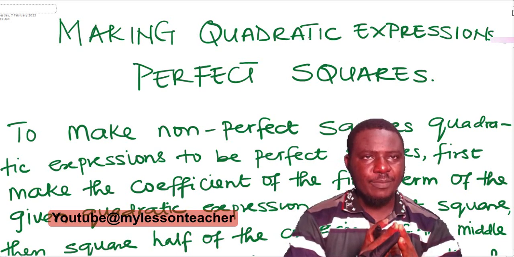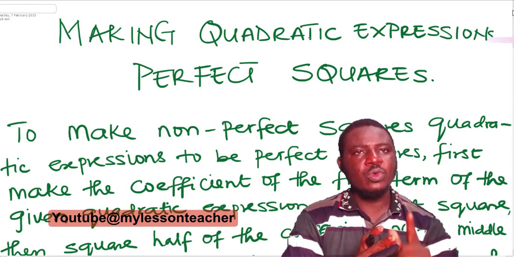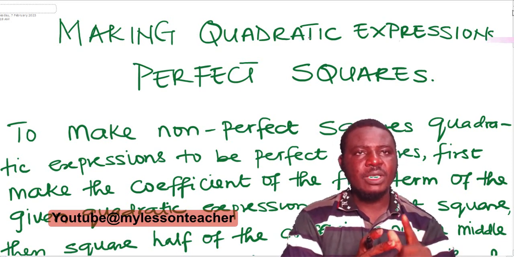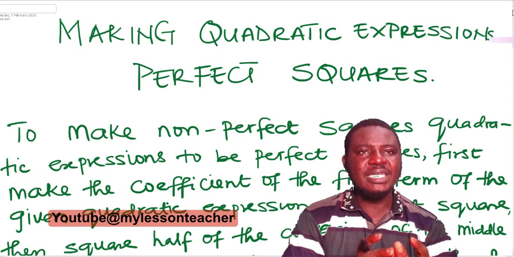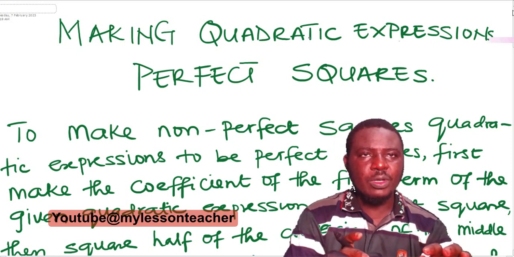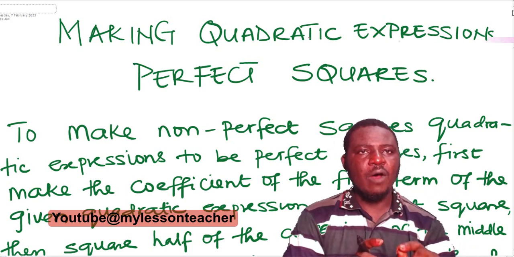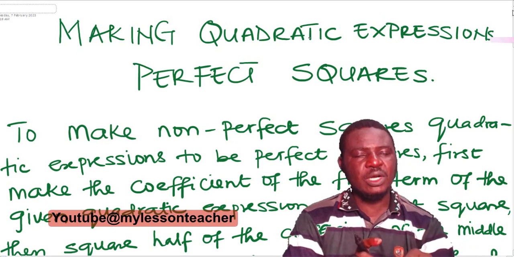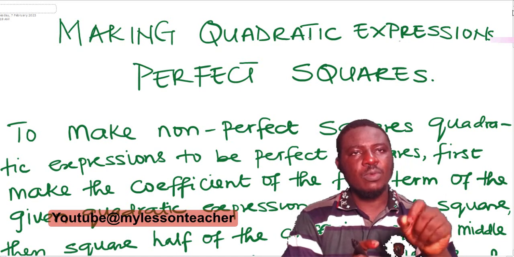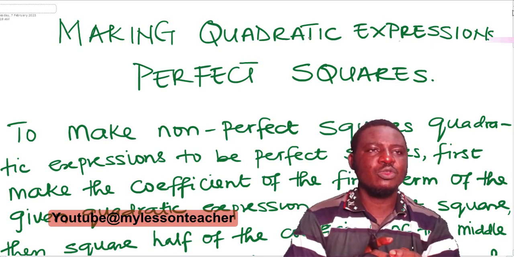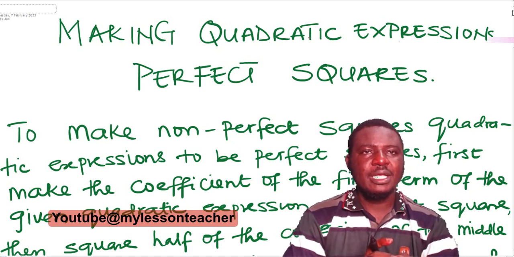If it is not a perfect square, the first thing you need to do is to ensure that the first term is a perfect square by dividing all terms in the expression by the coefficient of the first term. Secondly, you now find half the coefficient of the second or middle term, square it, and whatever you get is what will be added to that expression to make it a perfect square.